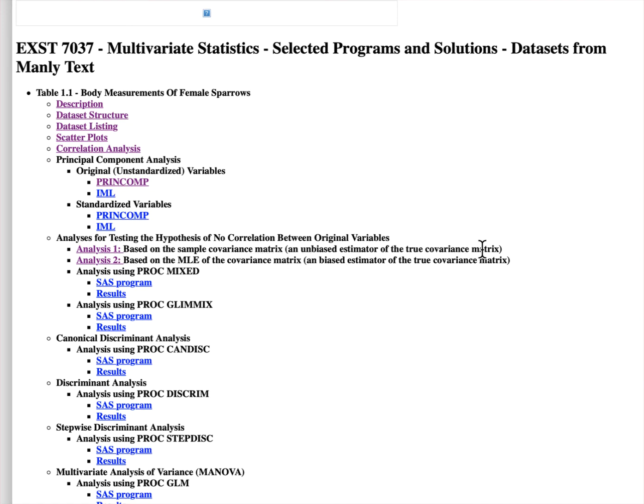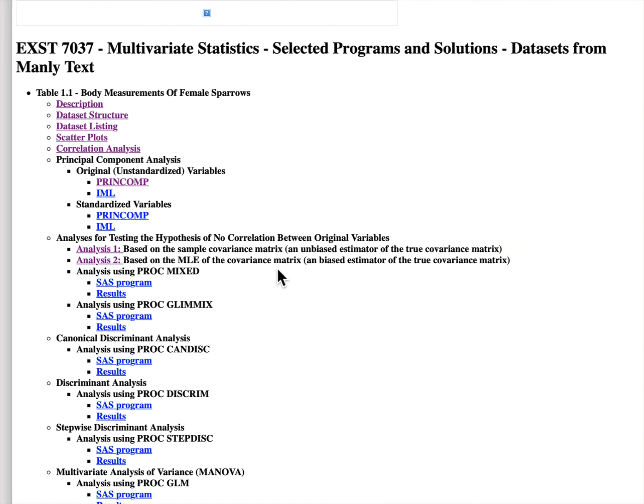Remember that that is the unbiased estimator of the true covariance matrix. The second analysis is based on the MLE, the maximum likelihood estimator of the covariance matrix, which, you'll remember from the section on estimating the parameters of the multivariate normal distribution, is a slightly biased estimator of the true covariance matrix.